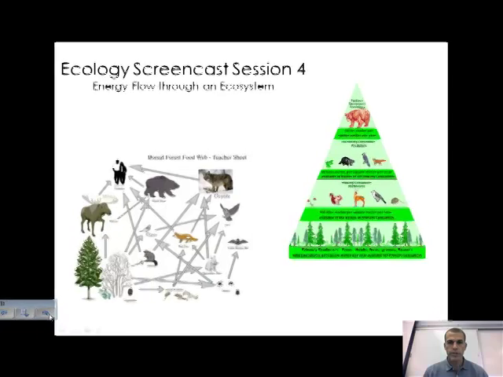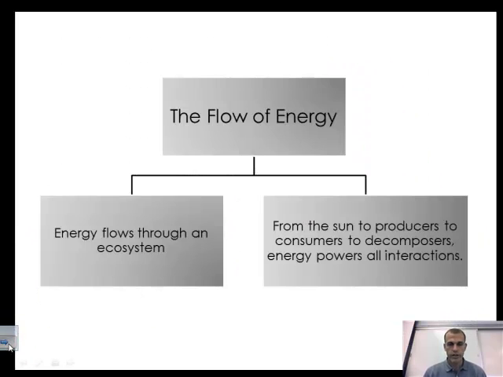Okay, so moving a little bit forward from here, I had mentioned this in the previous screencast, that nutrients are always recycled through an ecosystem. Basically, the chemicals and molecules are returned to the soil by the decomposers, and energy is always flowing through the ecosystem from one organism to the next.